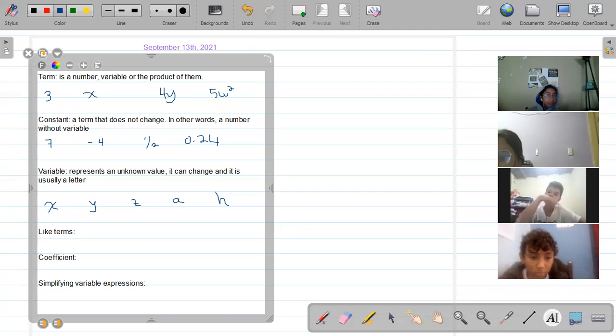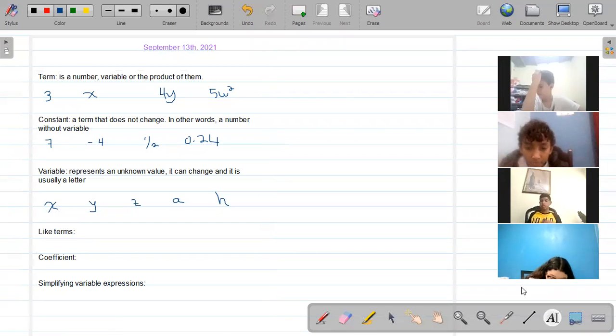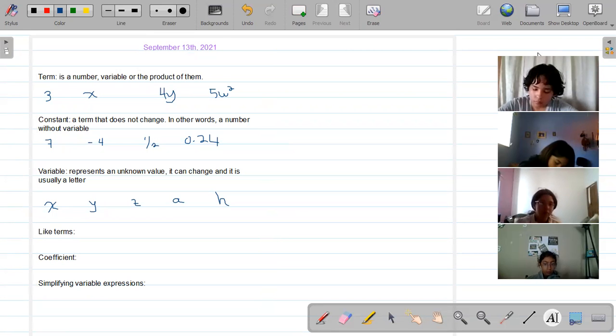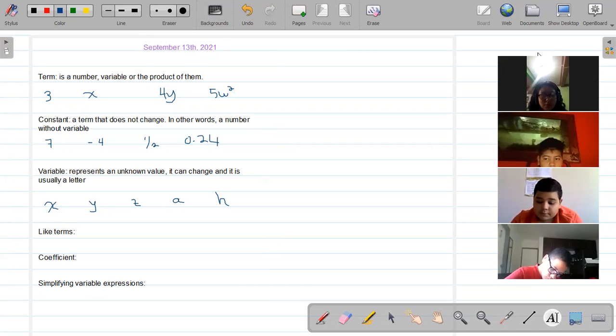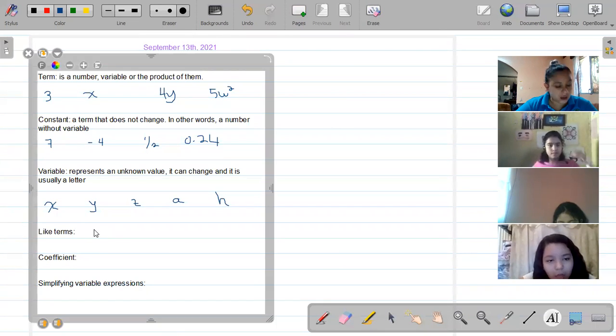What do you think? If you have here the definition of term, what is a like term? A number, variable, or product that are similar to the other equation. Exactly, to the other term. Perfect, Elisa. Yes, that's a like term, okay?